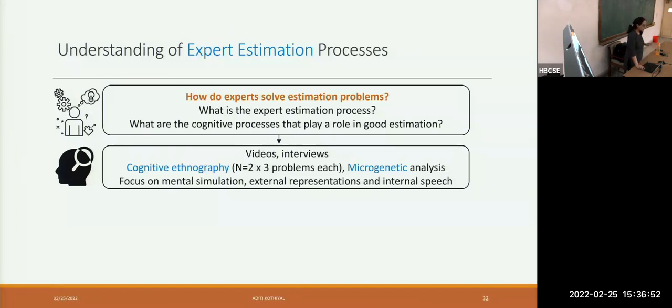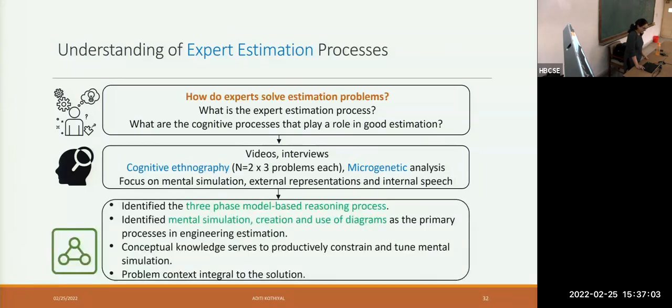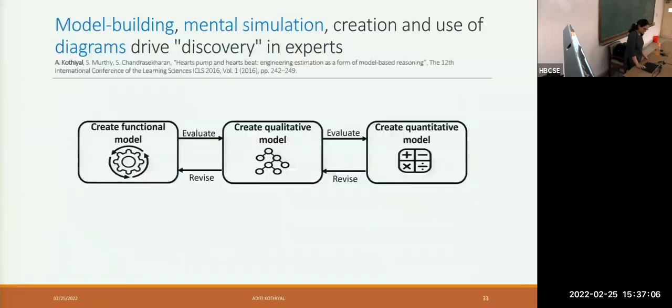We had 2 experienced engineers who each solved 3 problems. We had videos and retrospective interviews with them. I'll talk about the results next.